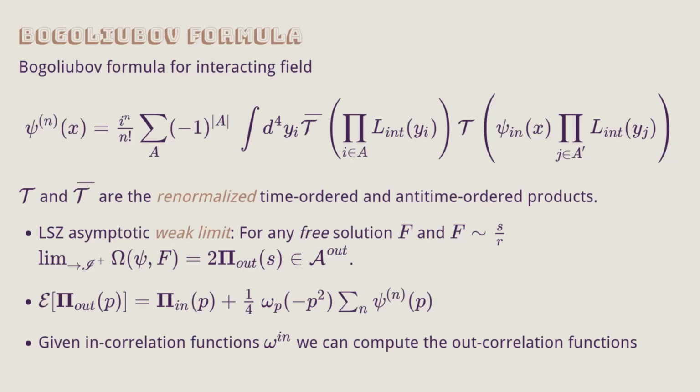I sum over all ways of splitting this big group into two parts, and that is the Bogoliubov formula. Note that to compute these time-ordered and anti-time ordered products, you have to renormalize. So it's not that I've skipped over anything. You will get renormalization scales in some observables that you calculate.